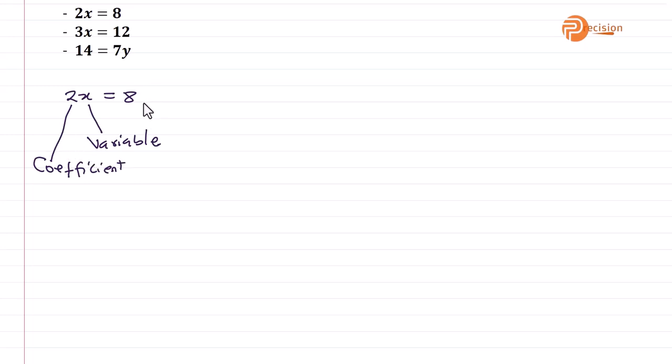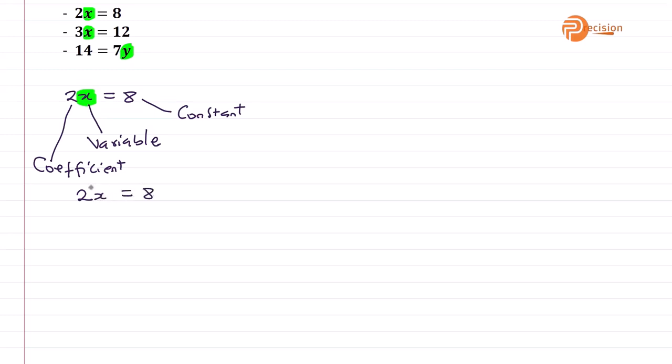That's the coefficient, and this one remains our constant. We've talked about this in the previous slide. So this is the new concept we have now, and as always, you are solving for the variable. That is your goal. You want to make the variable stand by itself on one side of the equation. Doing that, because we have 2x is equal to 8 and we are solving for x, we want it to stand alone.